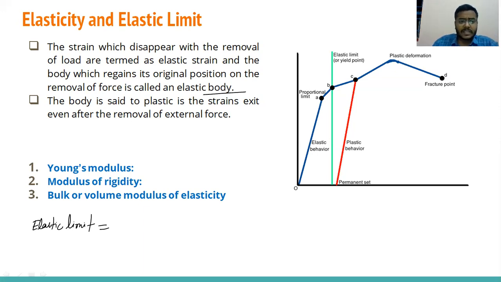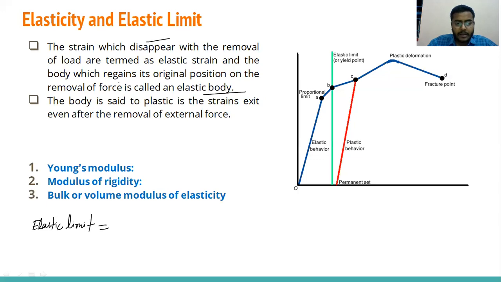Strain which disappears with the removal of load, disappears meaning you cannot see any permanent deformation after removal of load, is termed elastic. So that is called an elastic body. Every elastic body has some limitation.